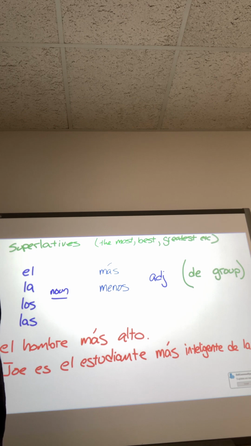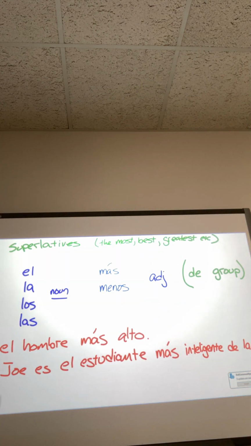Now, with verbs, and I just realized I forgot to throw that up there. When it comes to equality with verbs, you combine tanto como, and you have your verb. Lo siento.